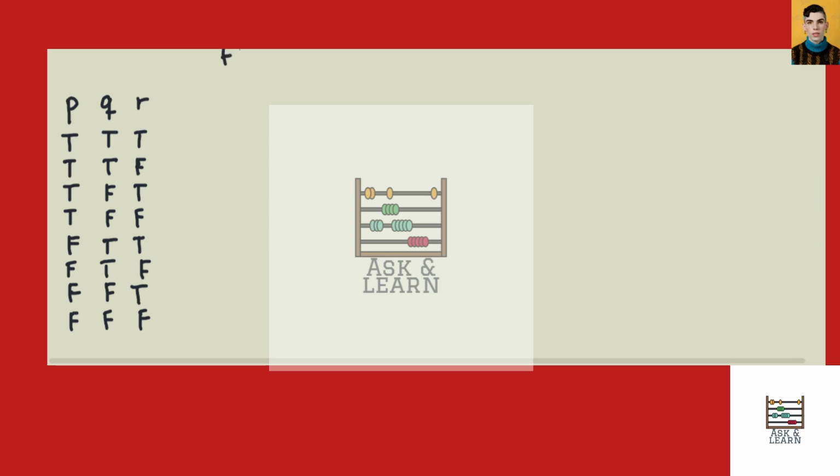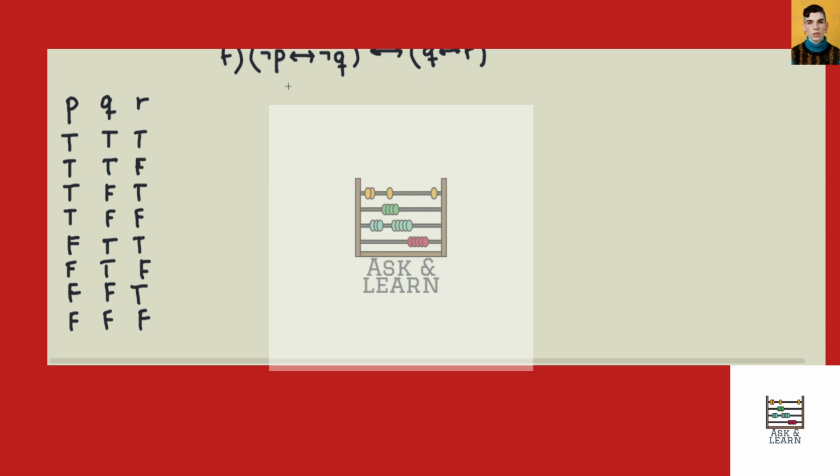Now we know that F is given to us as the negation of P, biconditional statement, the negation of Q, biconditional statement, Q, biconditional statement, R. So by looking at this compound proposition, we see that we have 5 individual propositions.